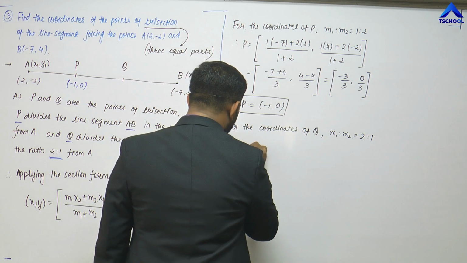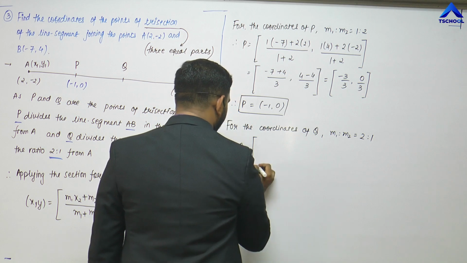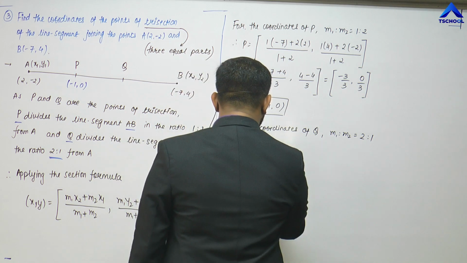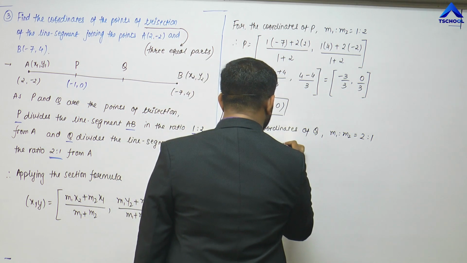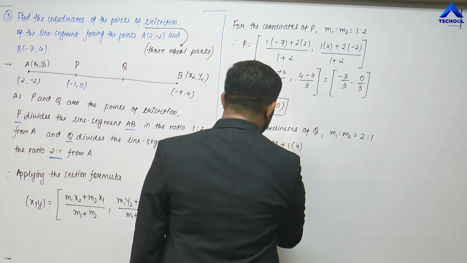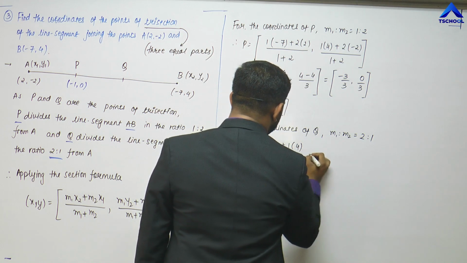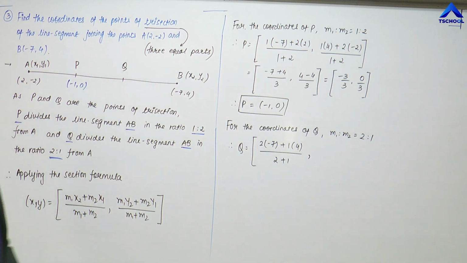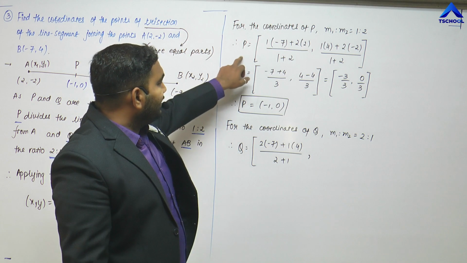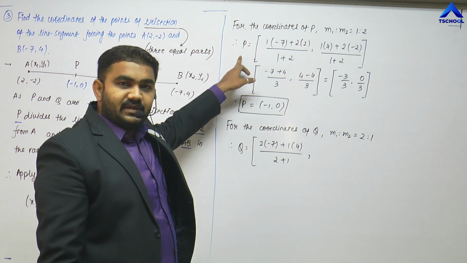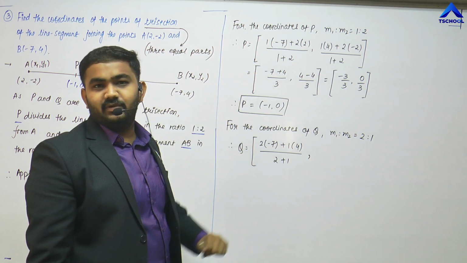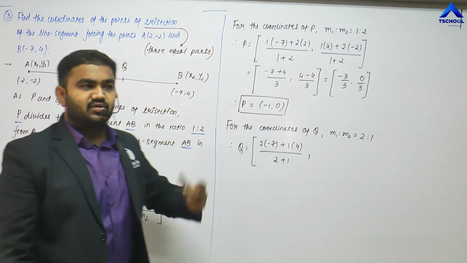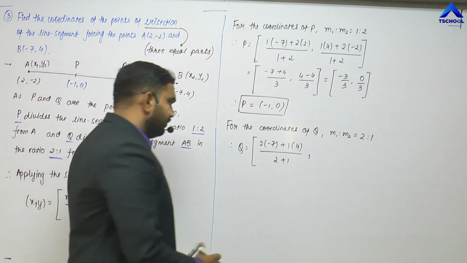Therefore Q equals 2 into minus 7 plus 1 into 4 upon 2 plus 1 comma, right? See friends, for an easy step, you can take the values from P and simply replace m1 and m2 by 2 and 1. So simply reverse the values of m1 and m2.